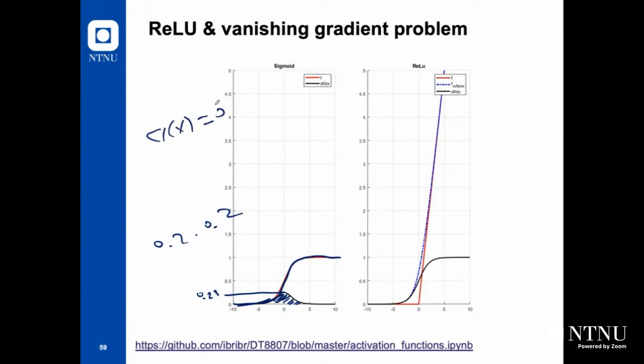And when it's 0, you will not be able to adjust your weights. And if you cannot adjust your weights, what will happen? You will keep the random values which you started with, right? So imagine that you have a feed-forward neural network, and you can adjust the weights of the output layer and maybe the last hidden layer. But maybe for one of the hidden layers, or the input layer, I cannot adjust the weights, because the delta omega becomes 0.